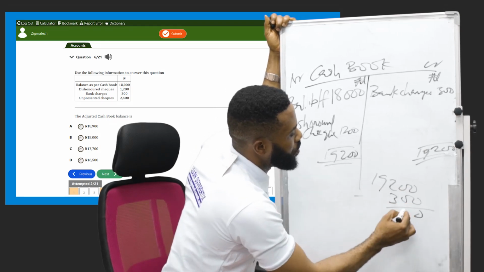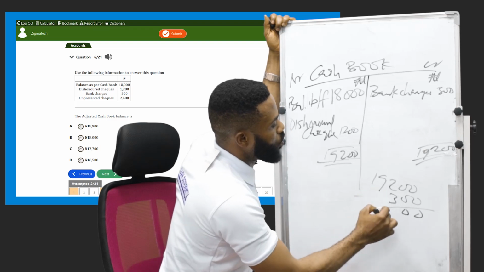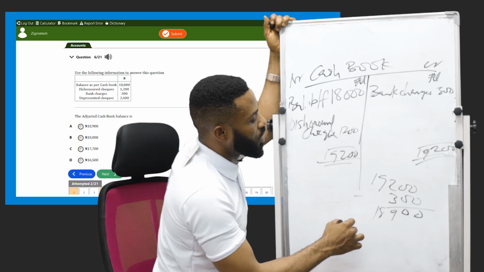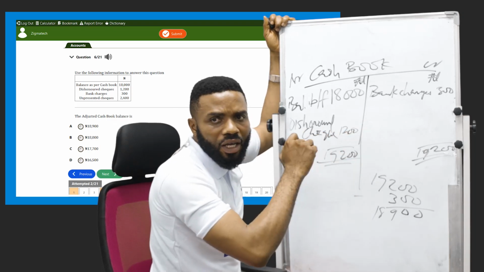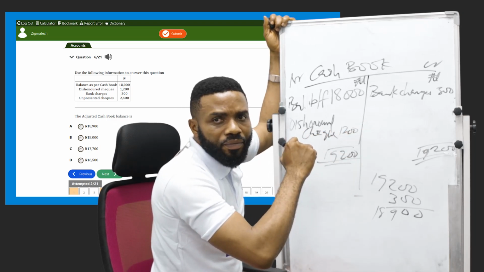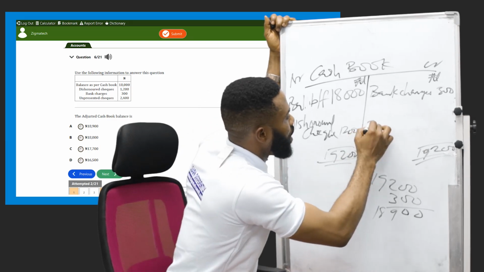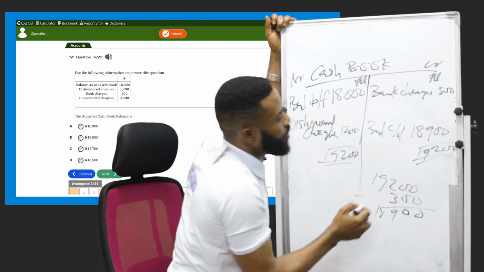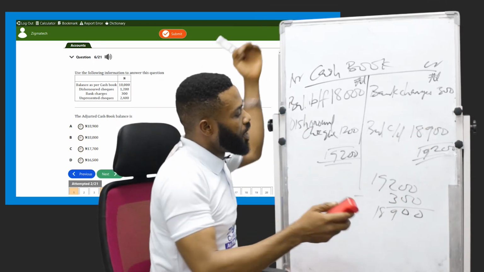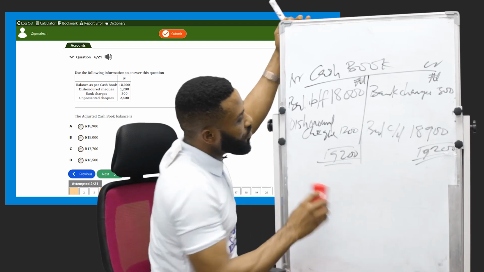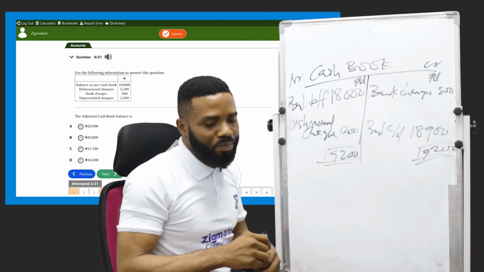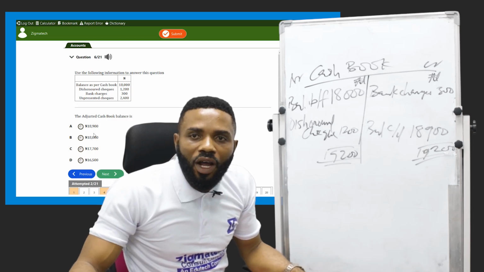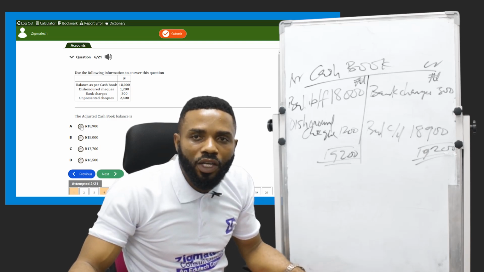What do you have? 0, 0. This is 12 minus 3 is 9. This is 8. So you have 18,900. So your balance carried down is what? 18,900 is the balance. This is what we call balance as per adjusted cash book. So from the options here, the one that fits into our solution here is what?